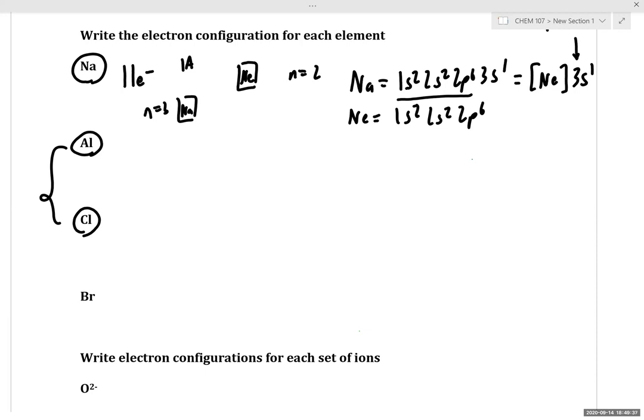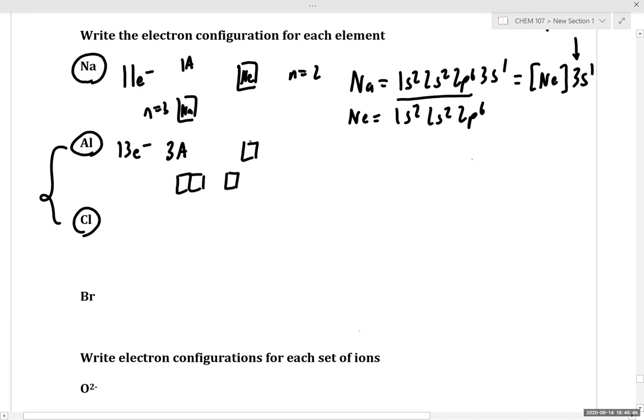Okay, so let's look at this example. So aluminum has 13 electrons to its name. It's a 3A element. And just like sodium, the preceding noble gas, I always like to draw a picture just to help me visualize what's going on, is neon.